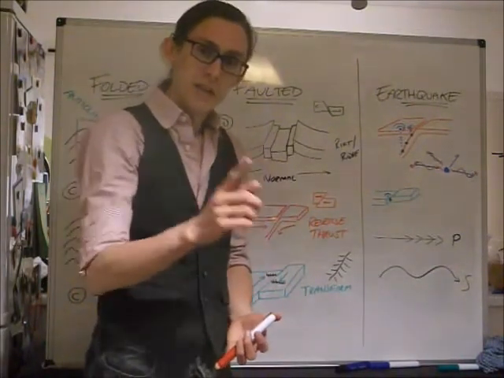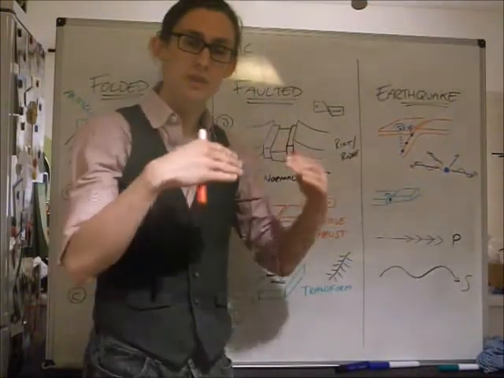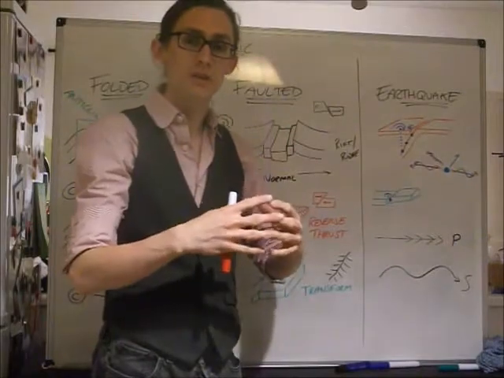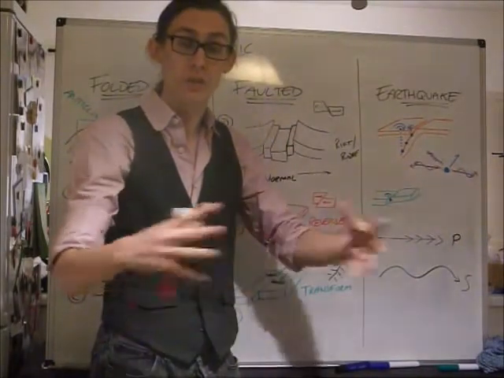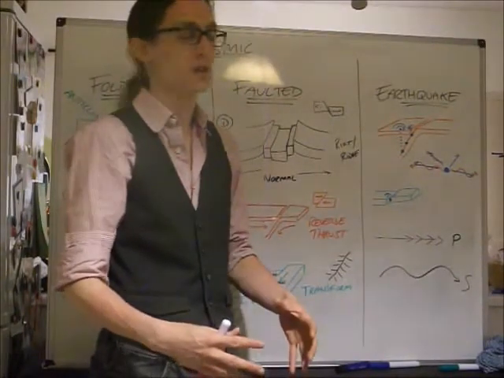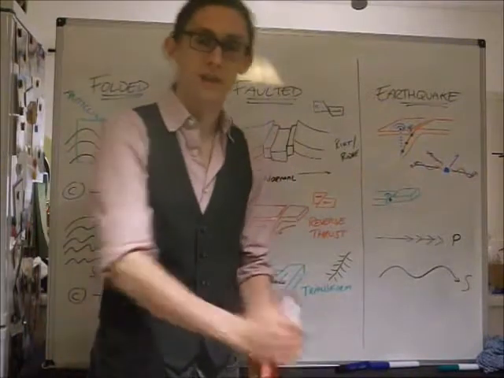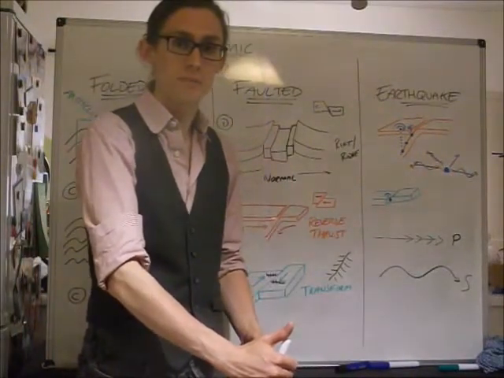The only counter to that is that deep focus earthquakes, because they are very deep, tend to release a lot more energy. So compared to shallow focus earthquakes, they release a lot more energy, which means you get a bigger pulse and then a bigger secondary wave.